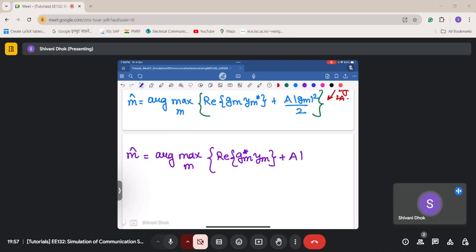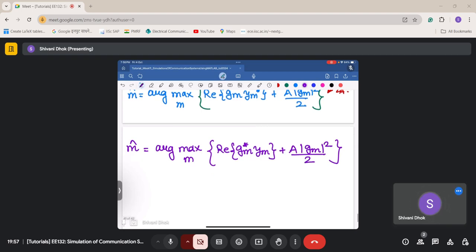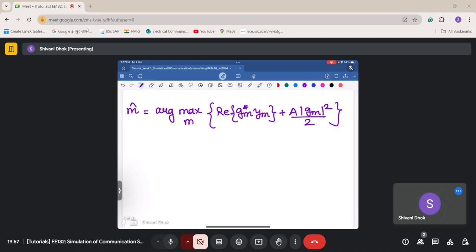Then a times |gm|^2 by 2. So this particular rule, whatever we have obtained, is the coherent detection rule. This is the maximum likelihood rule, so this is the ML rule.